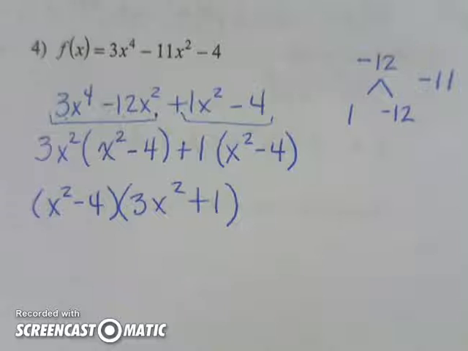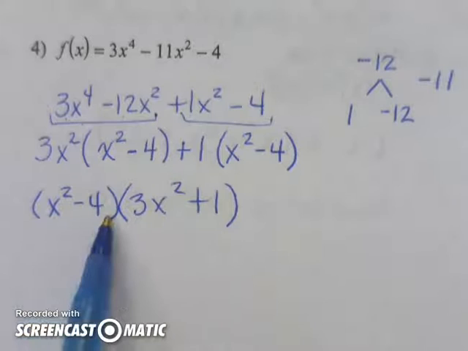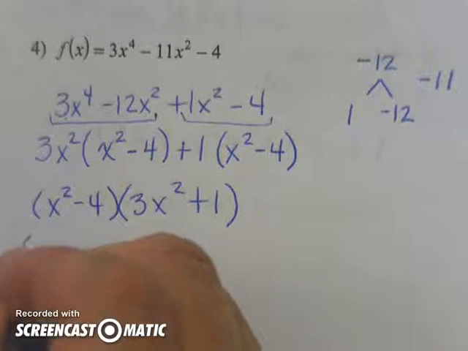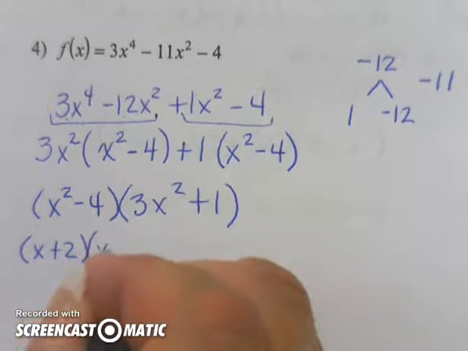When I look at my problem, however, I notice that I have x squared minus 4. And I realize that that is the difference of two squares. So this can be factored yet again to x plus 2 times x minus 2.